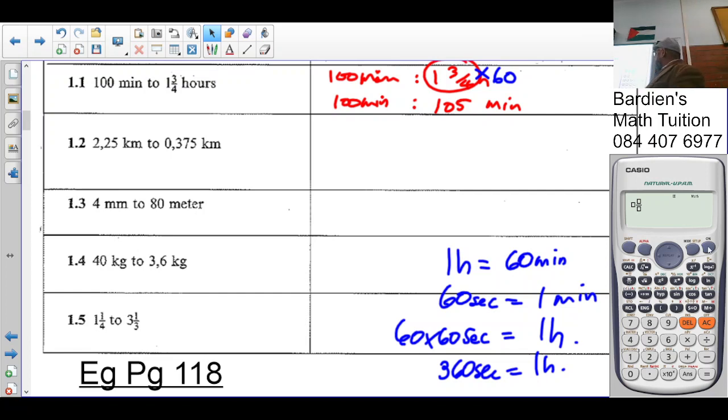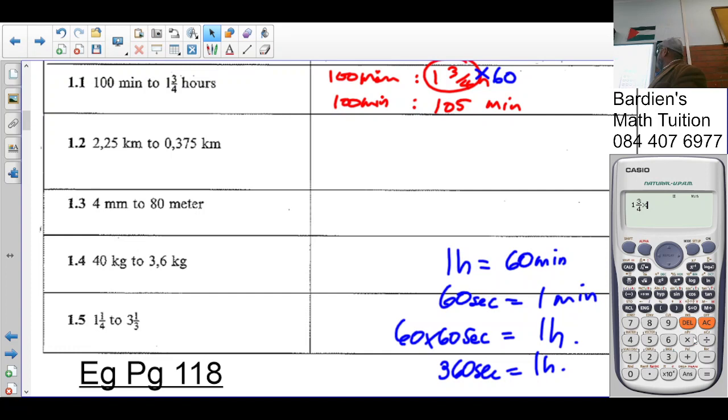You can't put in a calculator the 1 and the fraction button and get 1 3/4 of an hour. That is not the same. The calculator reads that as 1 multiplied by. So to get that 1 3/4 of an hour, that would be shift, the fraction button, 1 3/4.